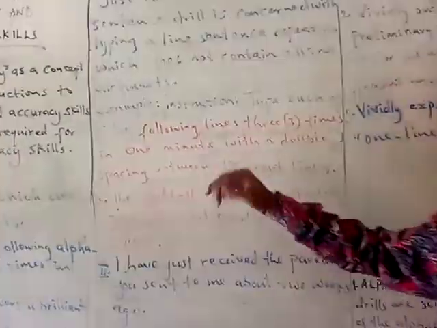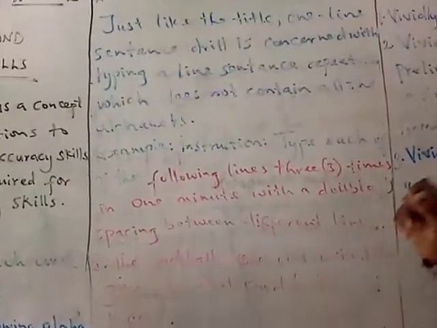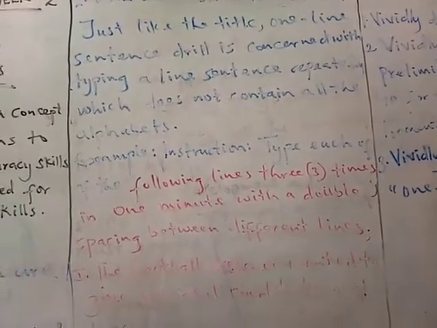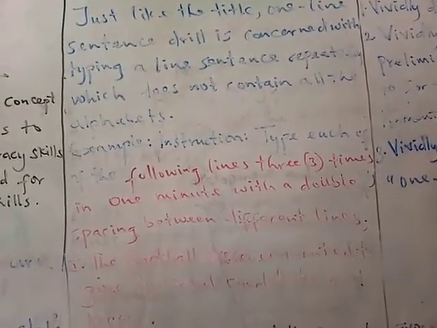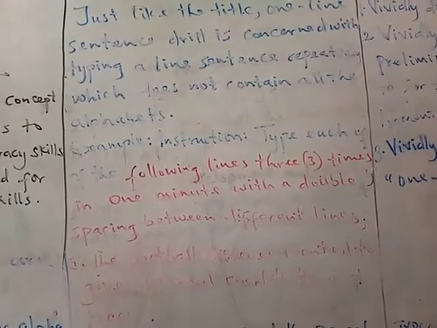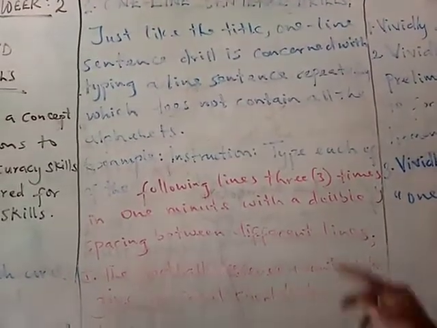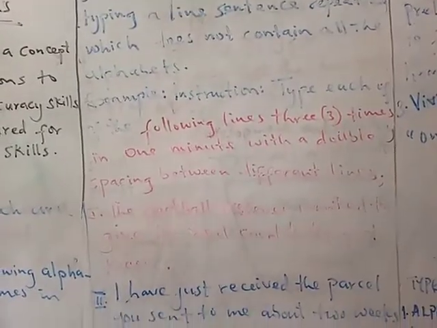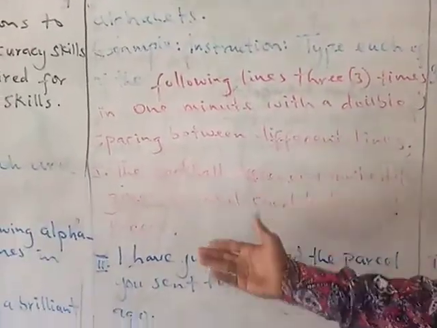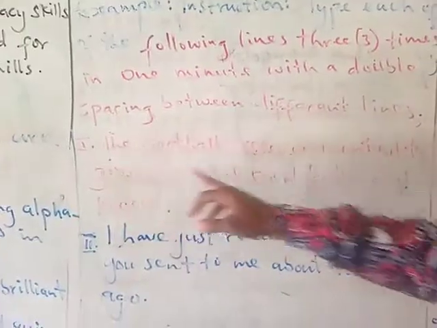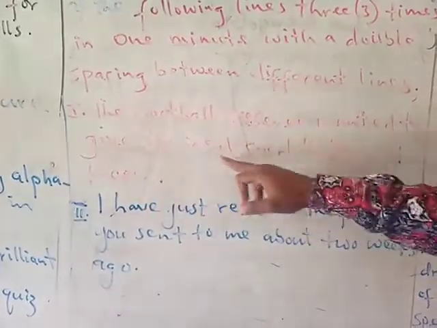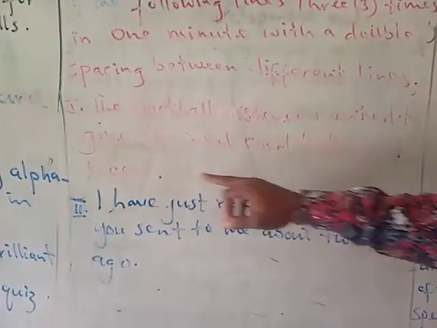It says, instruction: type each of the following lines 3 times in 1 minute, using a double spacing between different lines. So these are the things you have to type. Say the football referee wanted to give the red card to the goalkeeper.